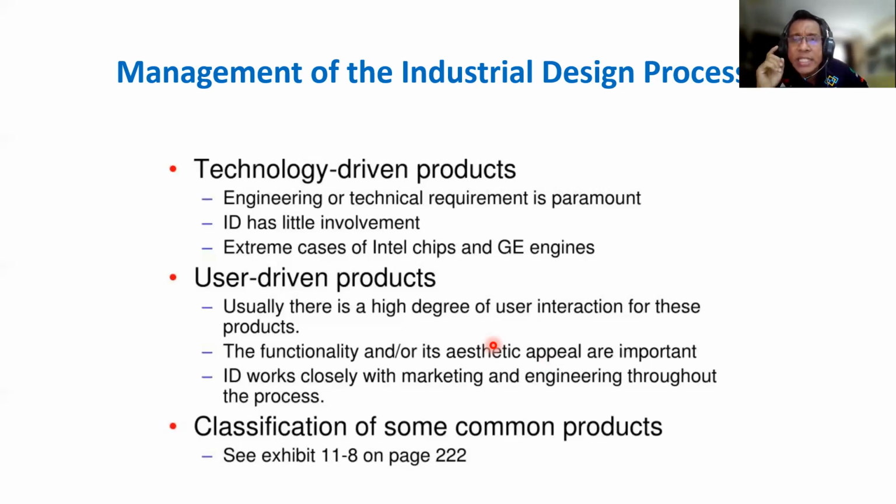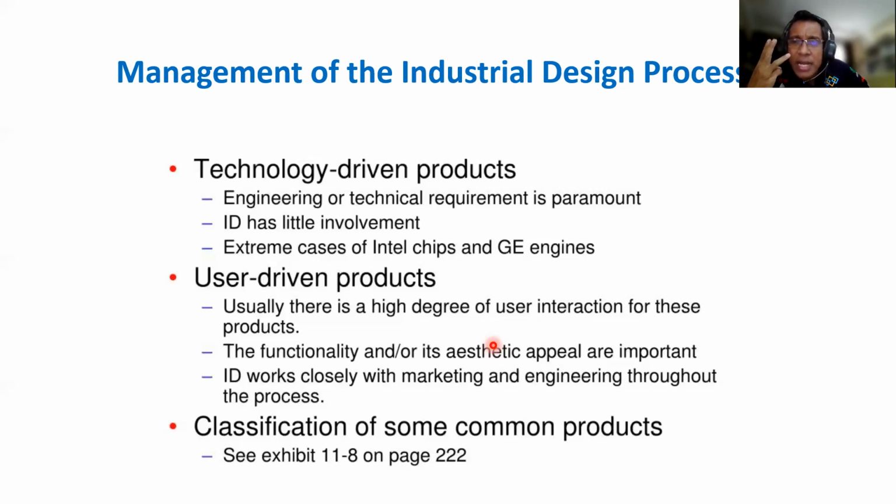So accordingly, the user interface must be number one, safe on the safety issues, easy to use, easy to maintain. So there are three most important user interface needs to see when we design or we get involved with the user-driven product.